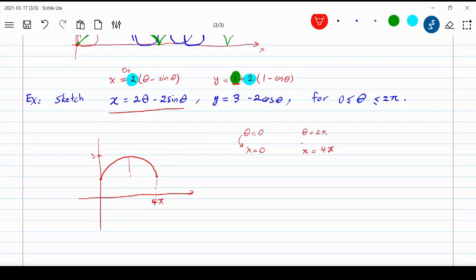So this 4 pi is the circumference of the circle, which is the corresponding x coordinate, and the radius tells you how much height you would have, and this is halfway exactly at 2 pi. If you replace theta with pi, what you get is the maximum y value. Try to do more examples of this, but this is just an introduction to parametric curves. I'm going to stop at this point. We'll continue as we go on.